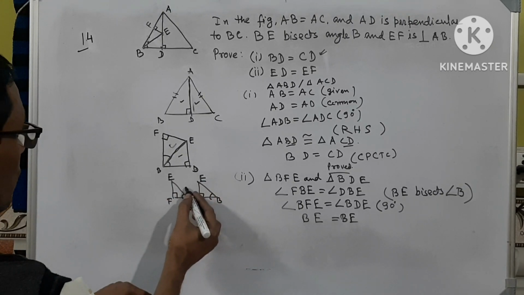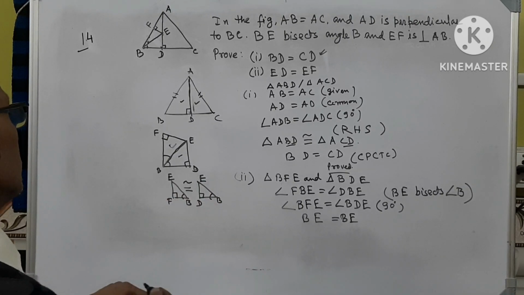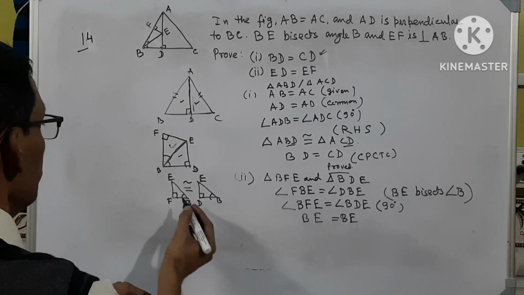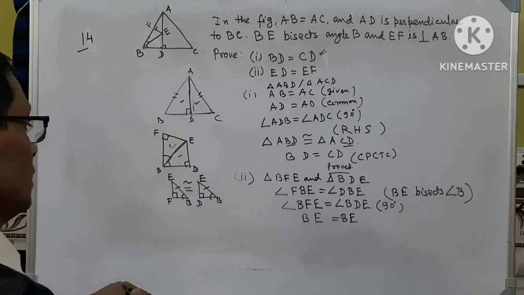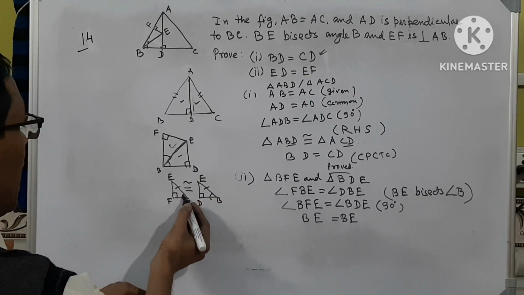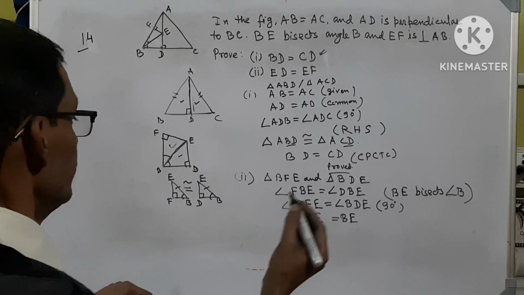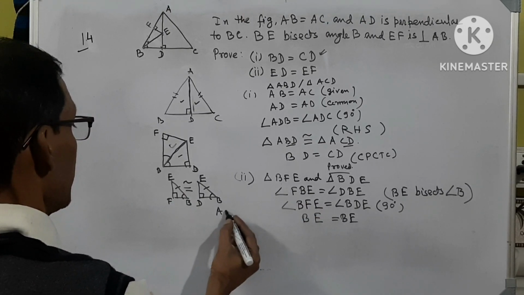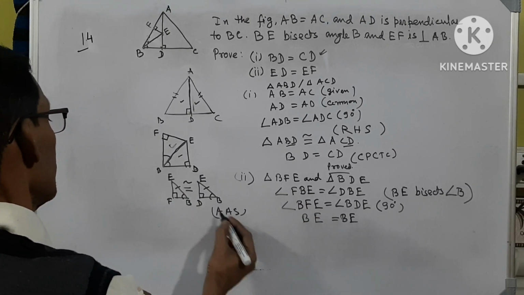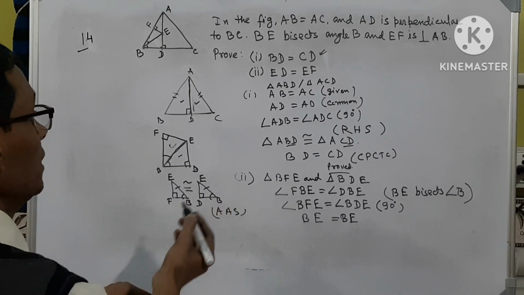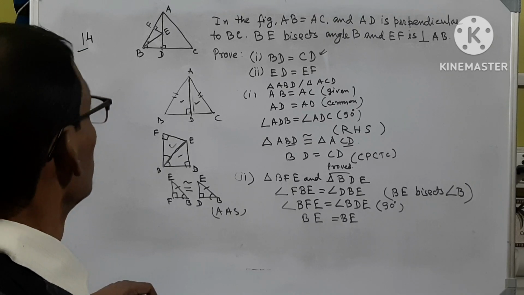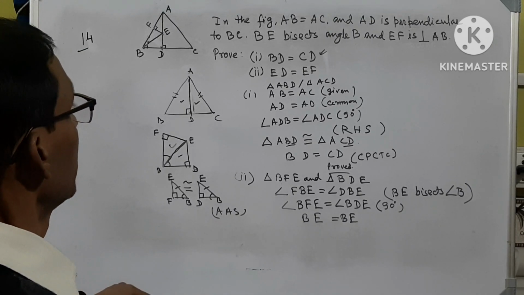So these two are congruent by which criteria? BE equal to BE, and this angle, angle, side. Triangle EFB and EDB are congruent by angle, side.